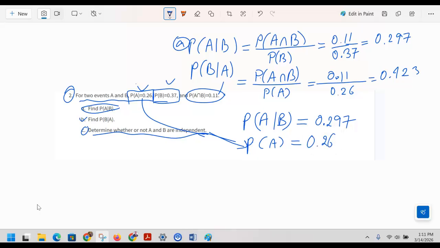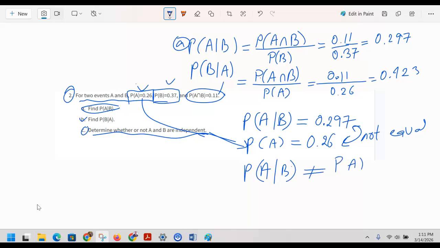These two are not equal. Because they are not equal, we can write that the probability of A when B occurred is not equal to the probability of A. And that's why we can say A and B are not independent.